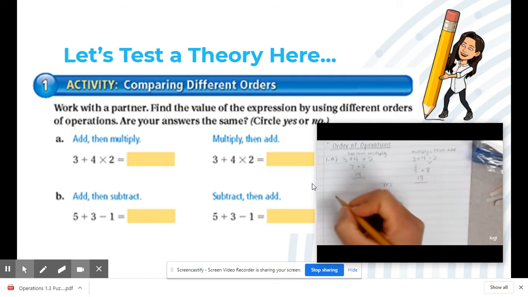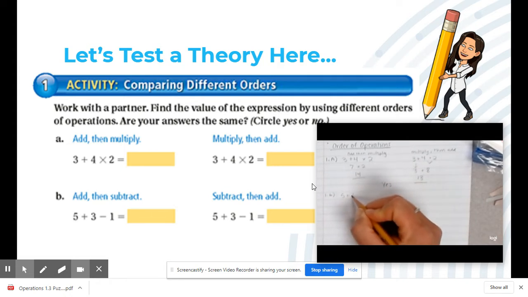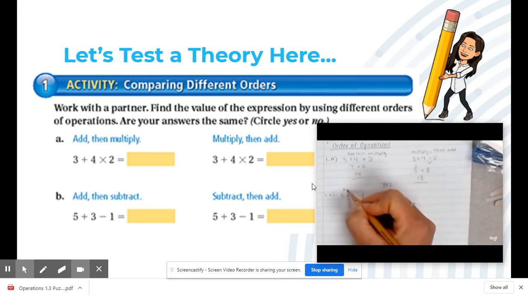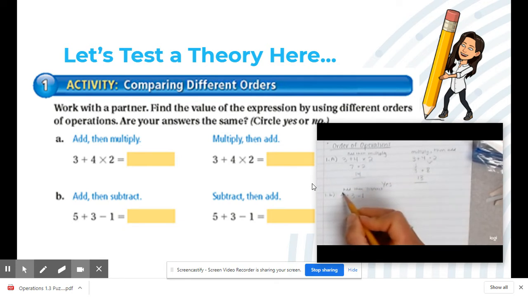The other problem, problem 1B on this slide, 5 plus 3 minus 1. So it says add, then subtract. Okay, so I'm going to add 5 plus 3 is 8, minus 1 is 7.